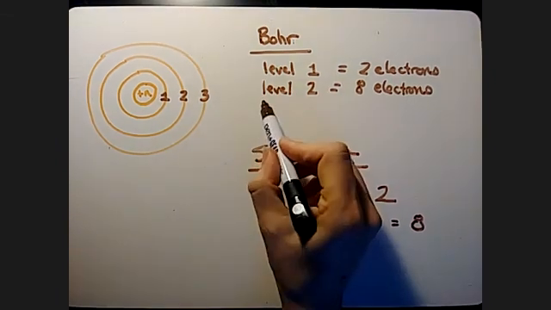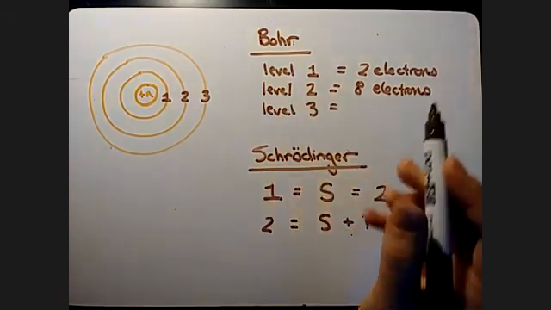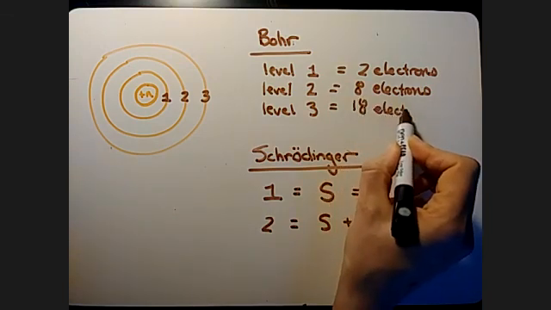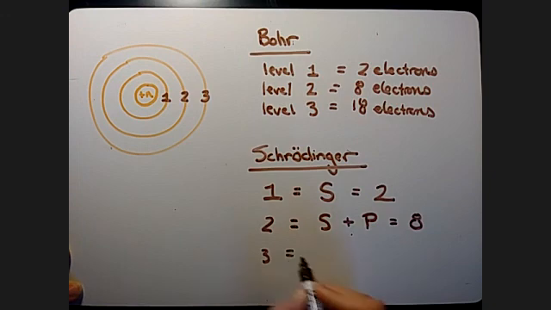Only one more here, and again, this one gets a little bit complex. Level 3. Bohr predicts that you can actually hold 18 electrons. So we're going to try our best to figure this one out. Schrodinger doesn't disagree. He starts with the simplest shapes first, because electrons tend to like to be in the simplest, we call them low energy states, first.